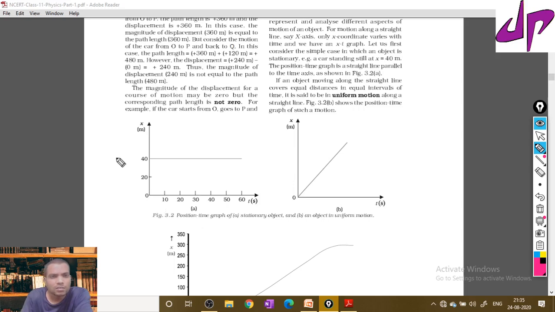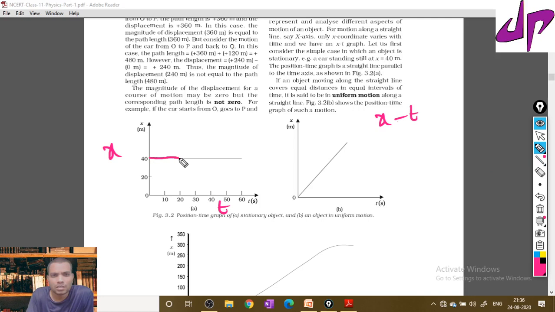These are some position versus time graphs which are given in the NCERT. We will represent position as x and time as t. Suppose you can see the position of an object at 40.